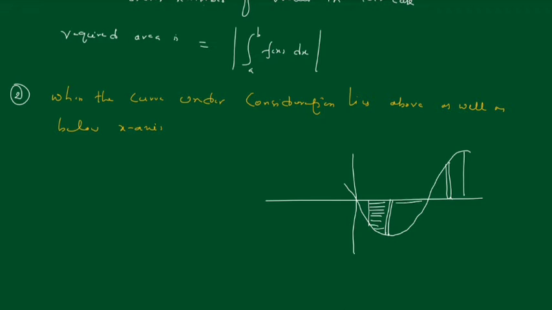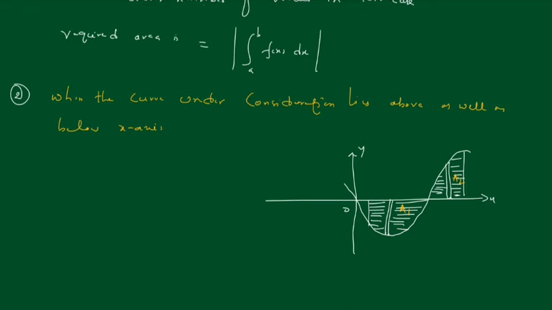We have the x-axis, origin and y-axis. We take this as A1 and this as A2.